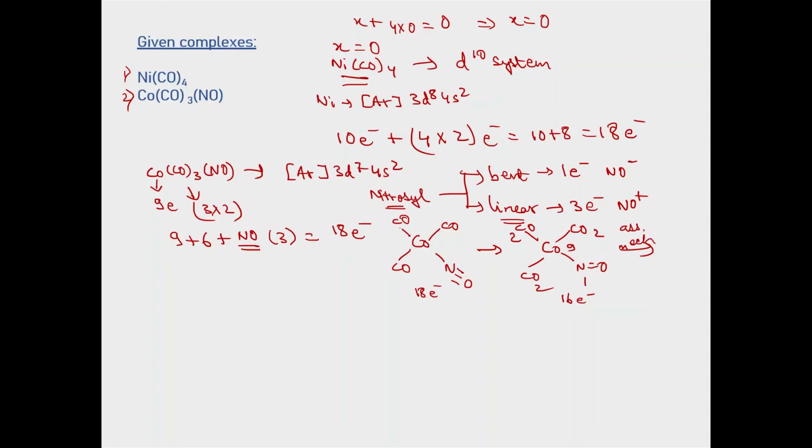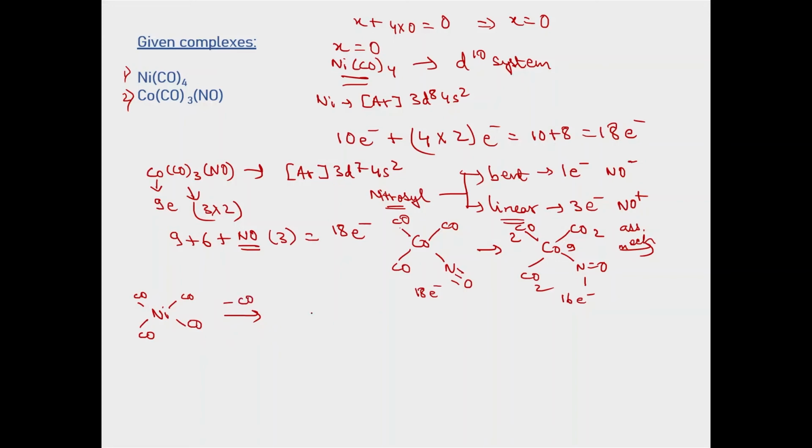Okay. So in nickel case, what is happening is we have 4 carbonyl ligands, CO, CO, CO, and CO. Dissociative mechanism is taking place here because CO can coordinate only in one way and it will donate 2 electrons. So it is an 18 electron complex only. That's why dissociative mechanism will take place.